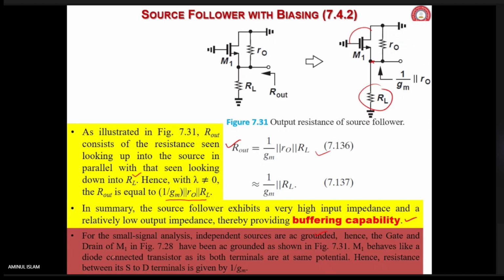Hence, the gate and drain of M1 in this figure have been AC grounded. So this is what we have already discussed. Tell me, what is the meaning of buffering capability? Since the output resistance is very low, its gain will be approximately 1. So it will act as a buffer.